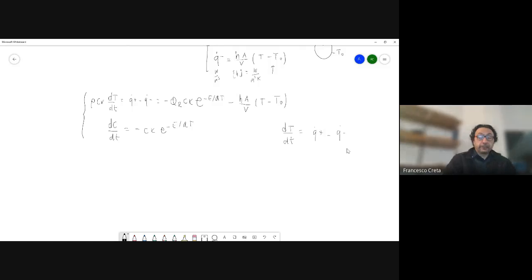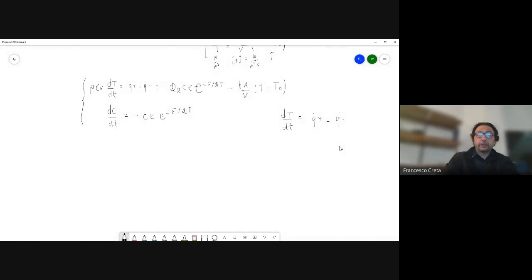So let's have a sort of graphical interpretation of this. On the x-axis, I'm going to put T. Now, T is the gas temperature inside the vessel, okay? And let's start this graph from T0.